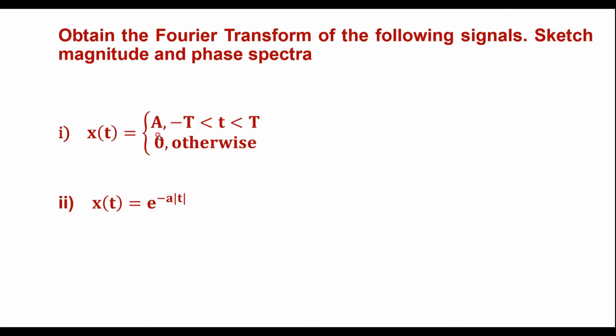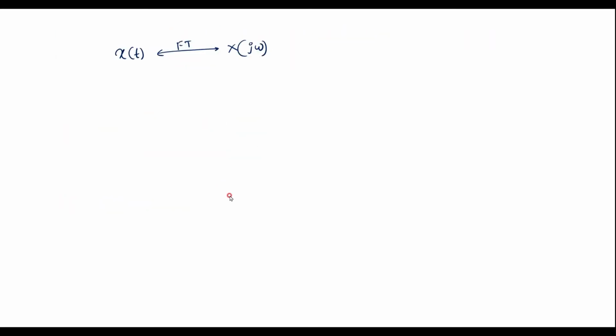We know that the Fourier transform of any continuous time signal x of t is represented as x of j omega. Here x of t value is A when t is in between minus T to T and its value is 0 otherwise. Let me draw this signal. So x of t looks like this.